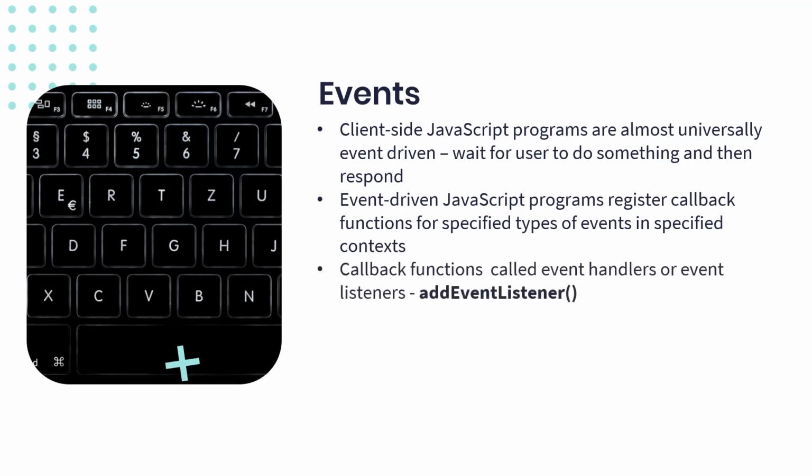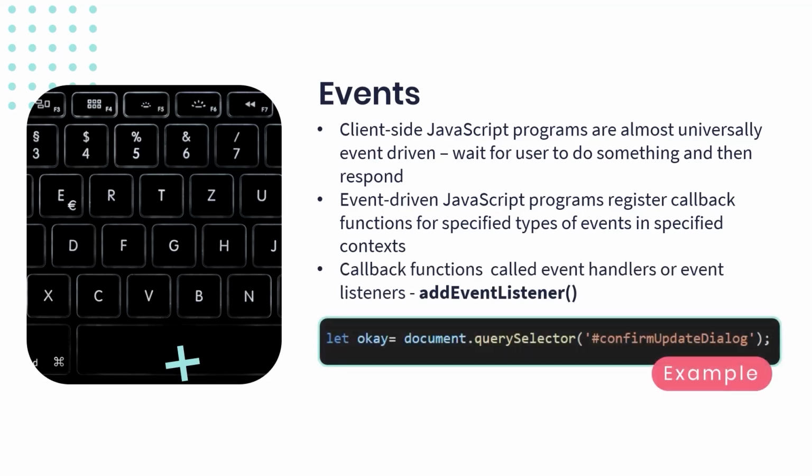These callback functions are called event handlers, or event listeners, and they are registered with addEventListener. Look at this example. In this example, applyUpdate is a hypothetical callback function that we assume is implemented somewhere else. The call to document.querySelector returns the object that represents a single specified element in the web page.